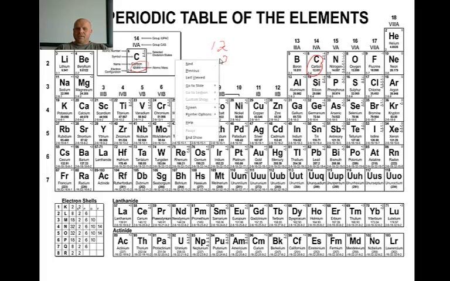Of course, this gives us 6, which tells me how many neutrons I have. So you should be able to figure out, generally speaking, how many neutrons and protons almost every element on the periodic table has, along with the number of electrons. That's important to keep in mind as we start talking about radiometric dating. That should have been a review, I hope.